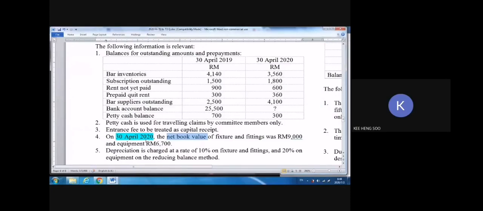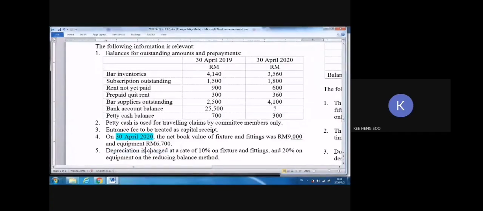The student tells me that this figure should be closing, but the answer given by the tutor is 2019, April 30th. What I mean is, note number 4 says that on 30th you have this figure, not yet calculated this year's depreciation. That's why note number 5 says depreciation is to be charged.